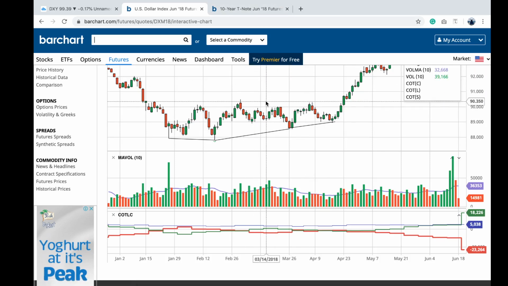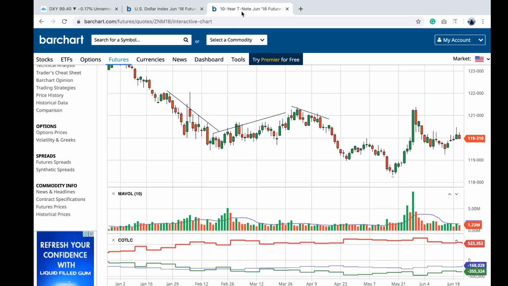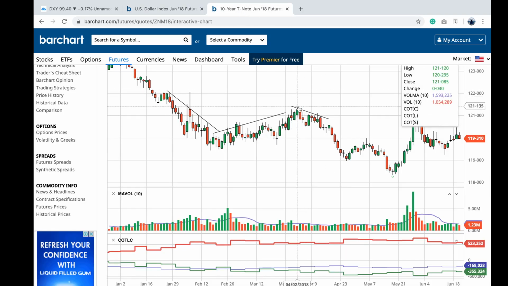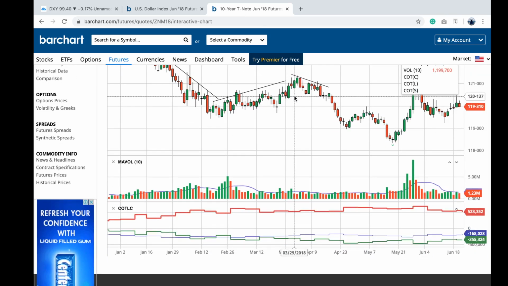Okay, and for a divergence, you want to see the 10-year treasury note make lower highs. Okay, and you can see the divergence now. Correlation: you're oppositely correlated now, right? So you're seeing the 10-year treasury note in the same time period make lower highs.